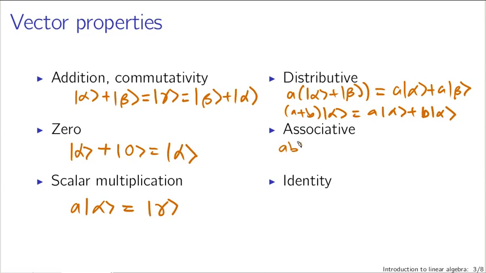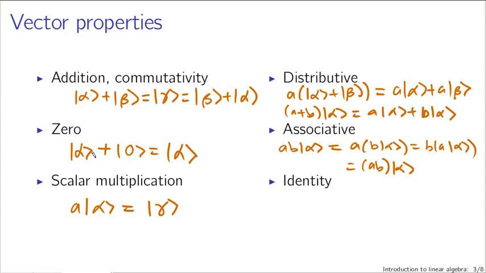I can look at A times B times the vector alpha as either A times B vector alpha, or B times A vector alpha, or as AB vector alpha. These are all equivalent. Scalar multiplication commutes and is associative.